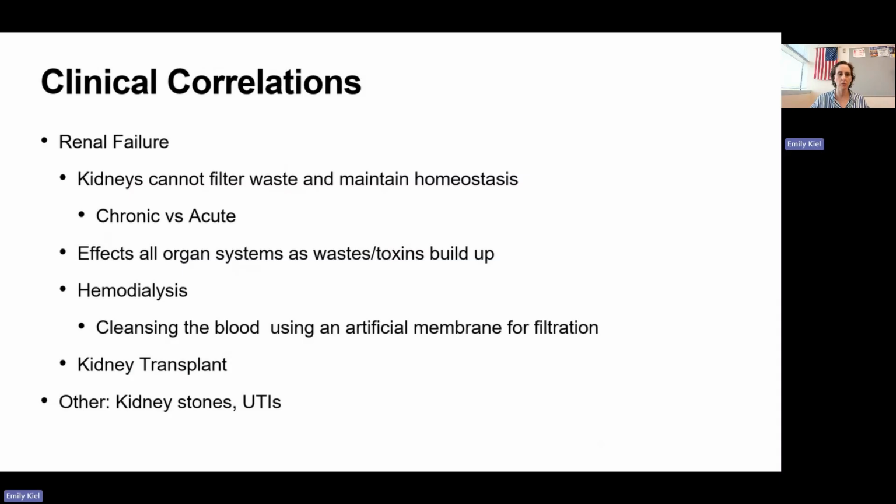I do want to go back one more time to the chronic disease because there are some things diet-wise that you can do, and it's really interesting to see those in relationship to what we've talked about. So in humans, the goal is to restrict water, salt, and protein because these are the things that cause the kidneys to do the most work. If you have too much salt, your kidneys are going to have to adjust those levels.